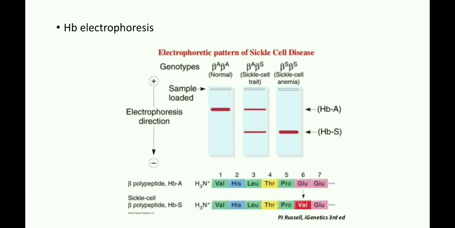When you compare it with a normal patient, you get a single line, but since it is HbA, it is fast moving towards the anode. So that is about hemoglobin electrophoresis, in which you can differentiate between sickle cell trait and sickle cell anemia.